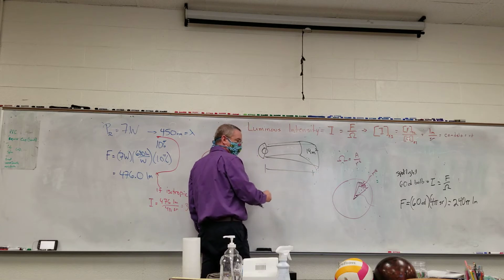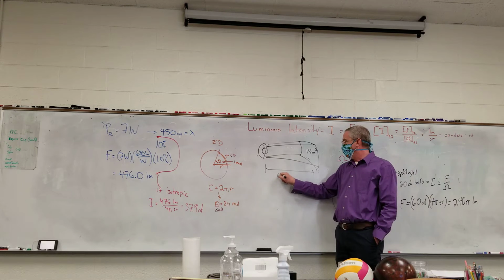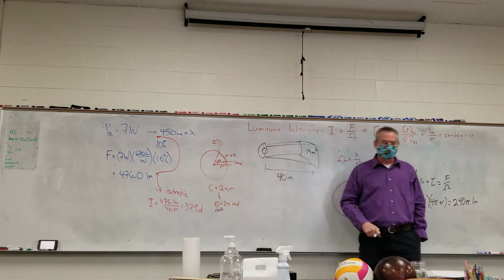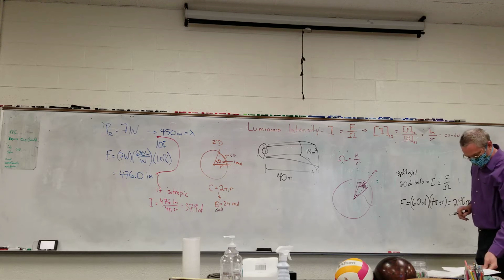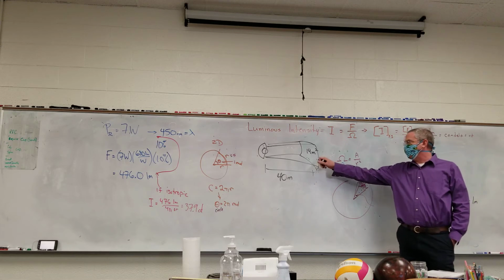Not drawn to scale. And again, just so that I don't have to worry about coming up with crazy numbers here. So basically, I have a spotlight, I turn it on, it's giving off 240 pi lumens, but I have mirrors and things like that in order to reflect it all into one direction. What is the luminous intensity here?